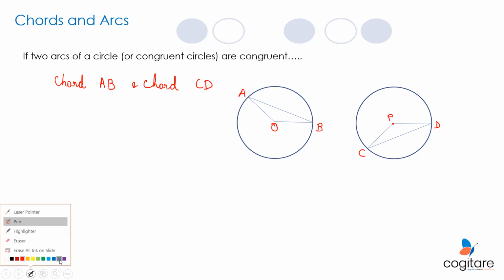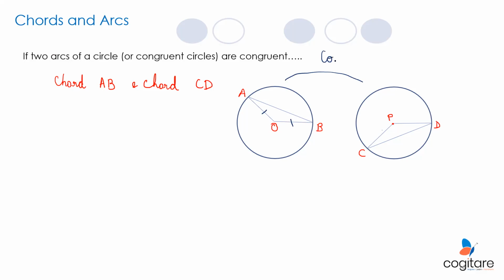We already know that OA and OB are the radii of the same circle, and these two circles are in turn congruent, which means the radii are the same. So we can comfortably mark PC and PD to be equal to OA and OB. Now it's given that arc AB is equal to arc CD.